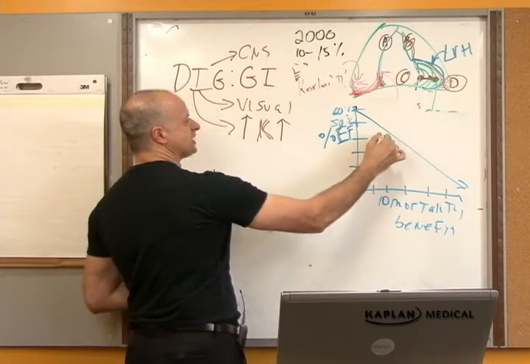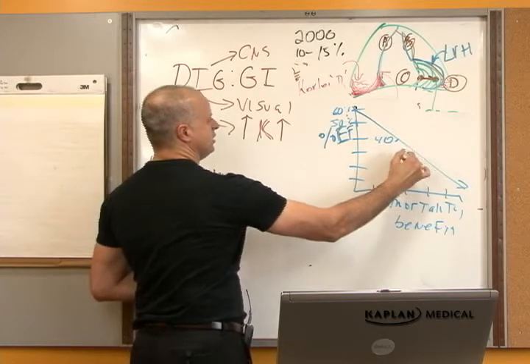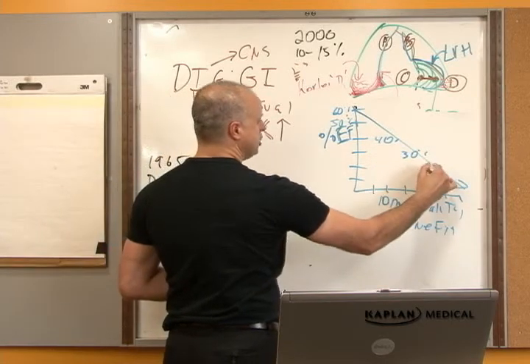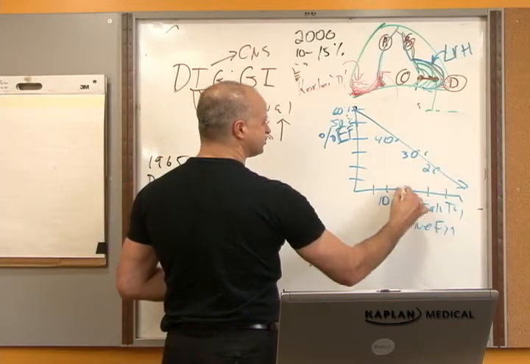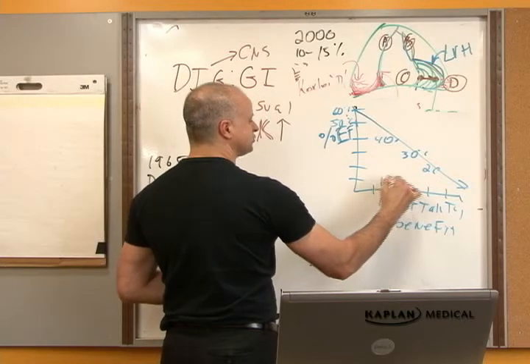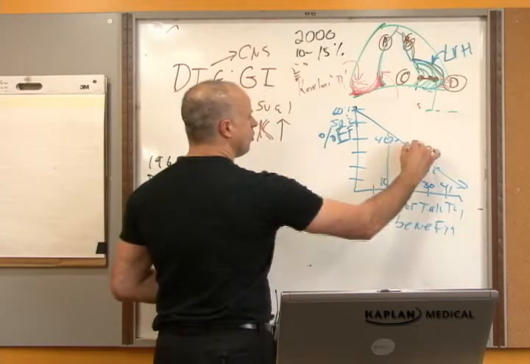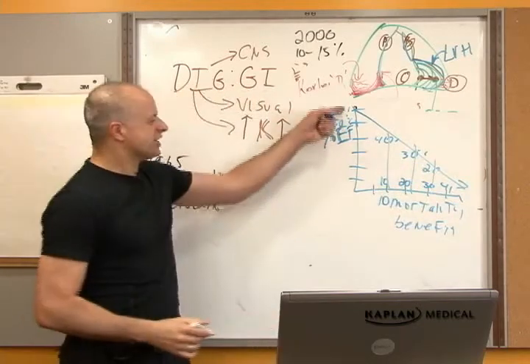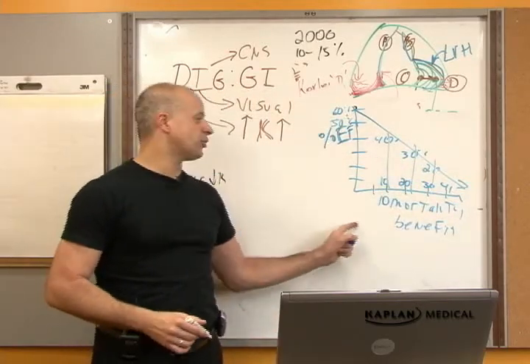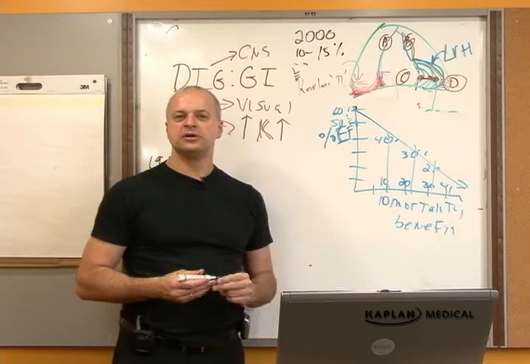As your ejection fraction goes to 40%, 30%, 20%, oh my goodness, look at that. Your mortality benefit goes 10%, 20%, 30%, 40%. As the ejection fraction drops down, your mortality benefit goes up.